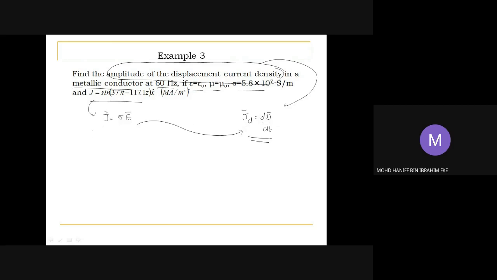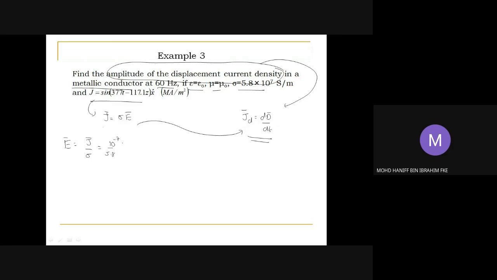Okay, back to this. So we need to find the E field then. The E field will be simply the J vector over the conductivity. So we have J of sine 377t minus 117.1 Z divided by the sigma, which is 5.8 times 10 to the power of 7. So we can have it as 1.1 over 5.8, and that should be 10 to the power of negative 7 straight away.